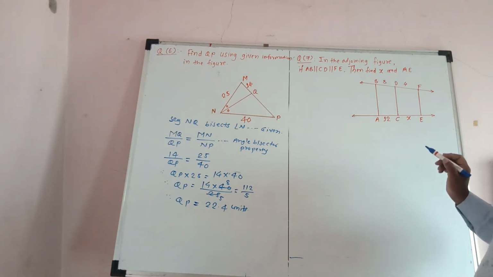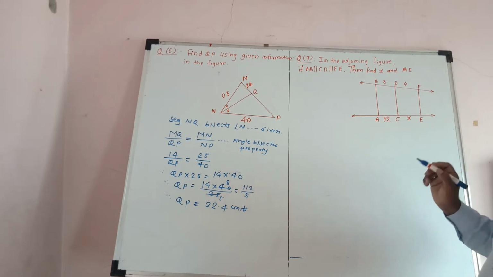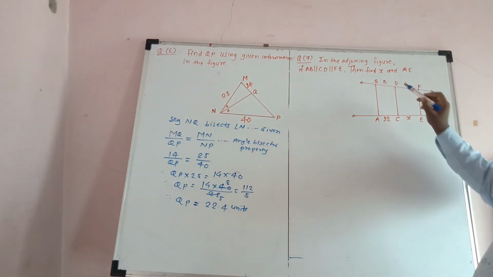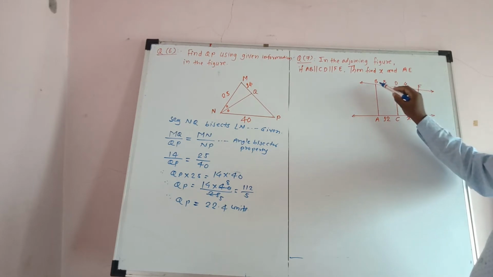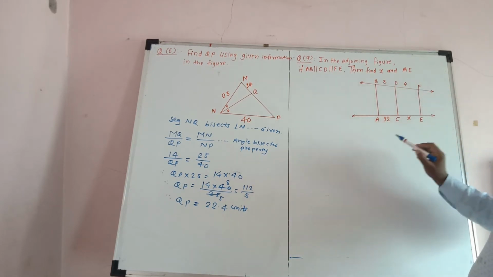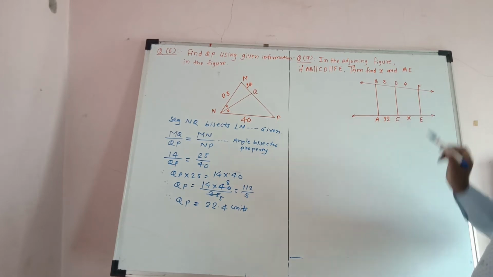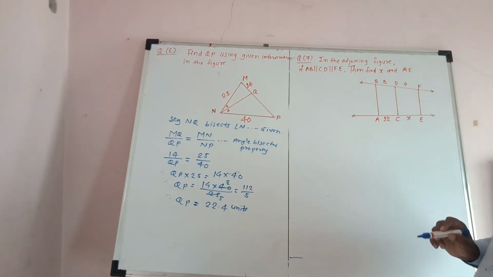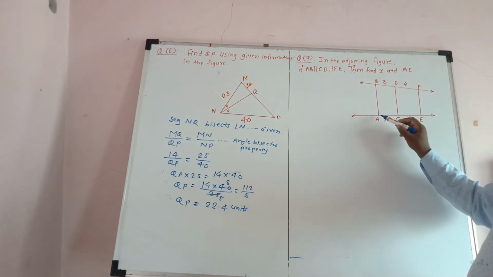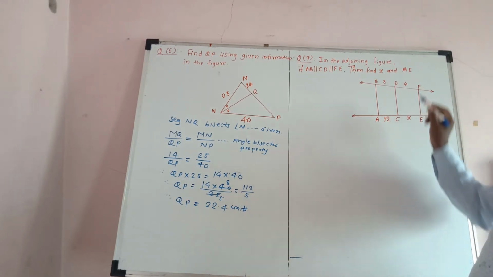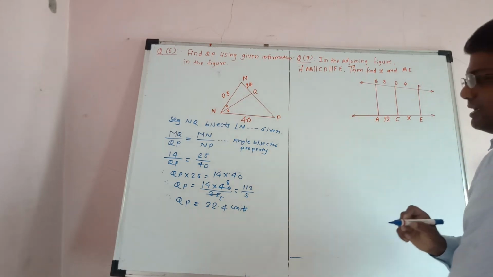So we use the property of three parallel lines and their transversal, and that property is BD upon DF is equal to AC upon CE. From this we can find the value of X, and then AE is equal to AC plus CE. From this we can find the value of AE.